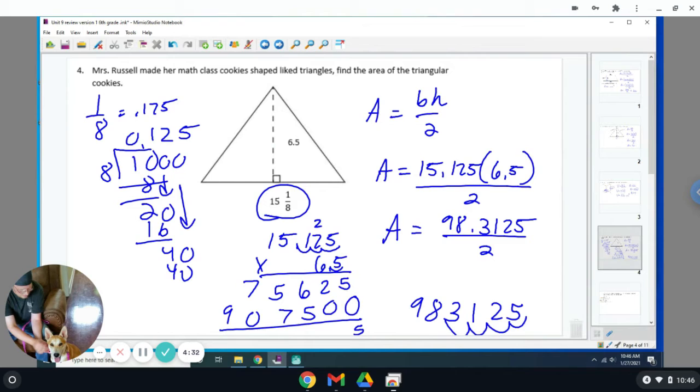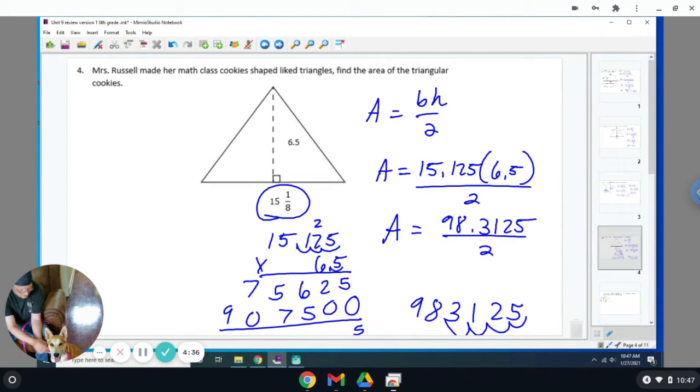Okay, I'm going to erase some of this so I can have some room. So then I'm going to divide 2 into 98. So 2 goes into 9, 4. Oops, I was going ahead of myself.